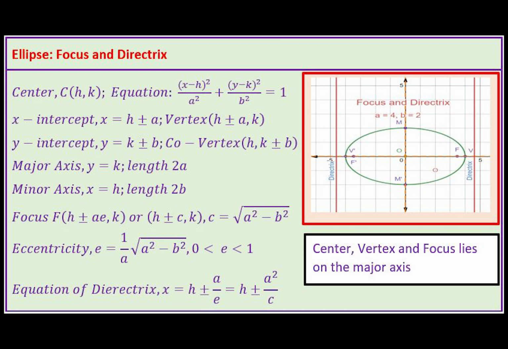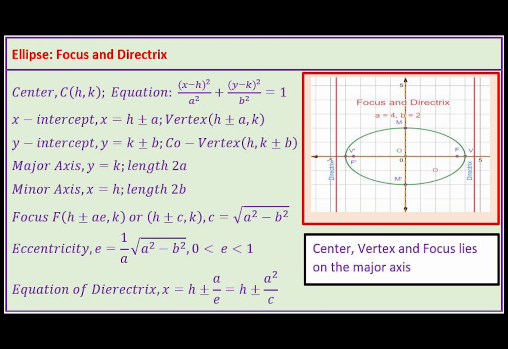Length will be 2b. To find the focal point, it is better to find the value of c as shown here as the square root of a square minus b square. The foci will now be at h plus minus c, with the y value being k. Eccentricity e, the formula is given here. It can be calculated as c divided by a, where c is the square root of a square minus b square, as shown.